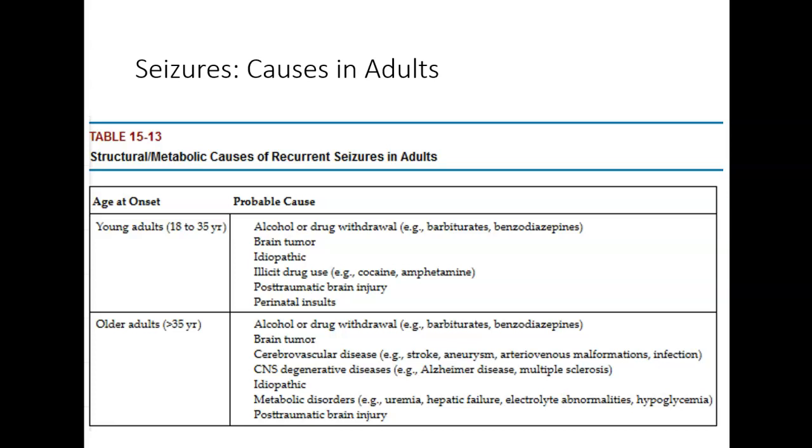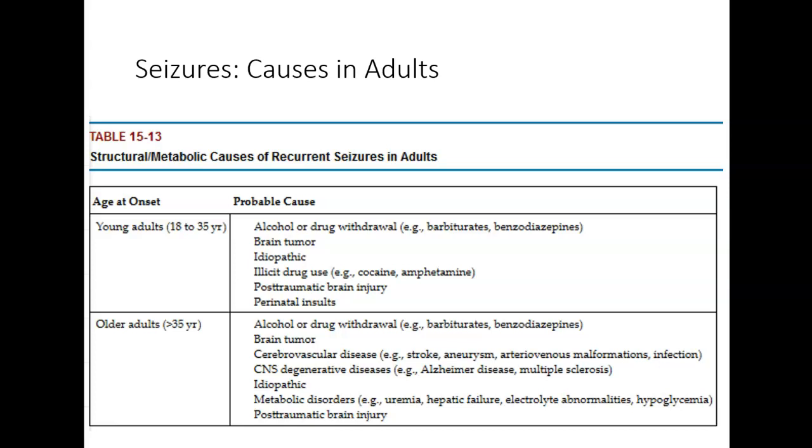So in terms of seizures, we know that in younger children, growing brains, exposure to fever, other things like that, those are common. It's common for kids to have a seizure. I know that sounds crazy, but more people have seizures than you would imagine. But again, one seizure does not equal epilepsy.